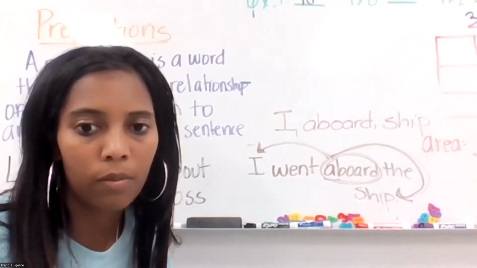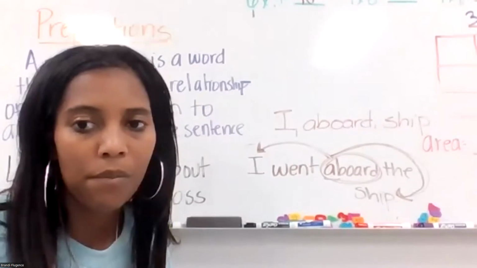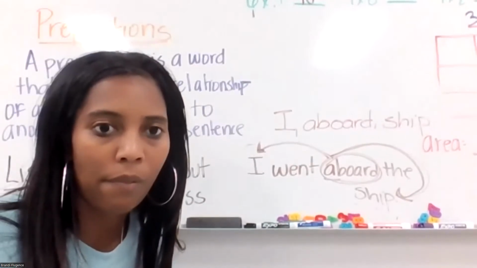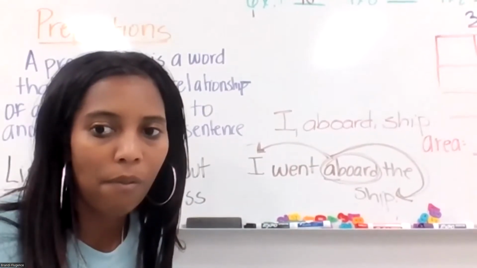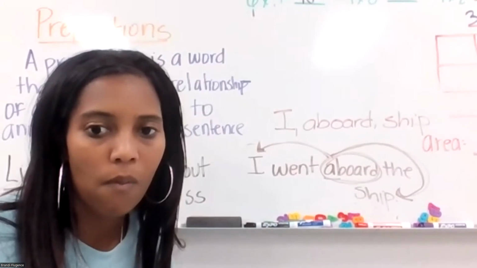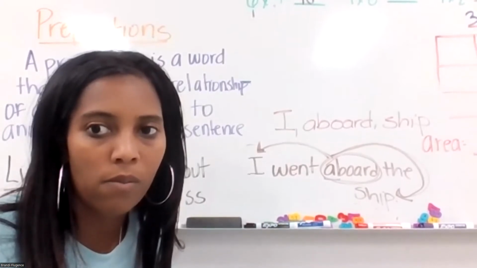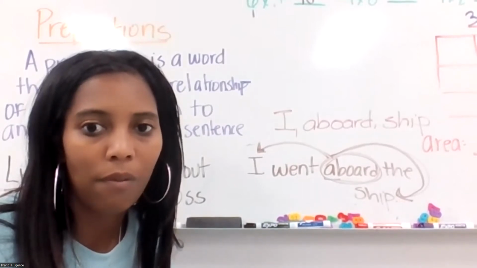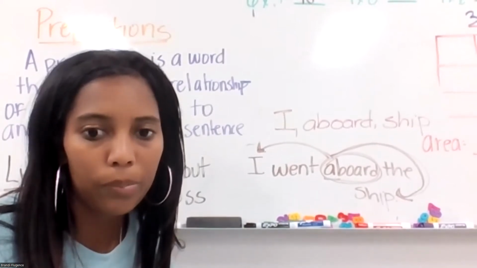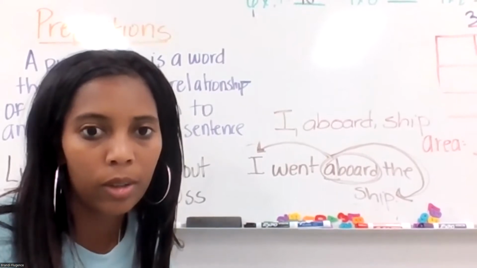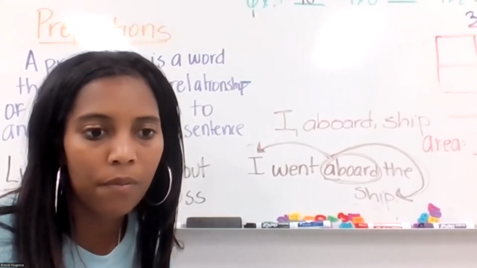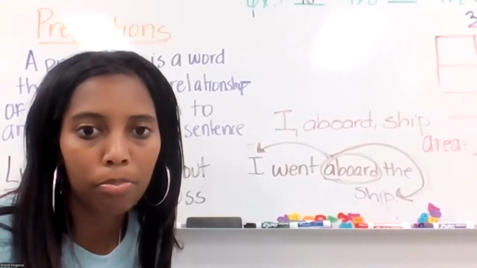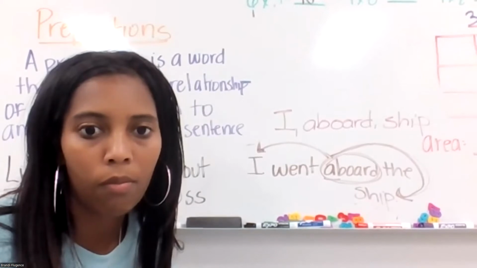I went aboard the ship. Do you do those little arrows, Miss Lugent? Yeah. That's how you know. Gonna circle it and go out to the arrows. Those are arrows.